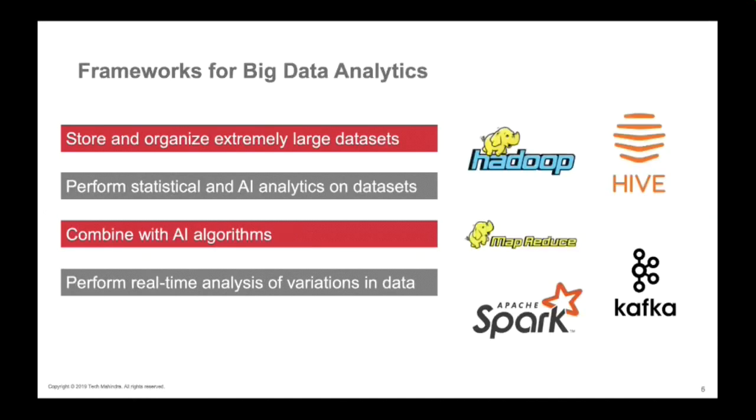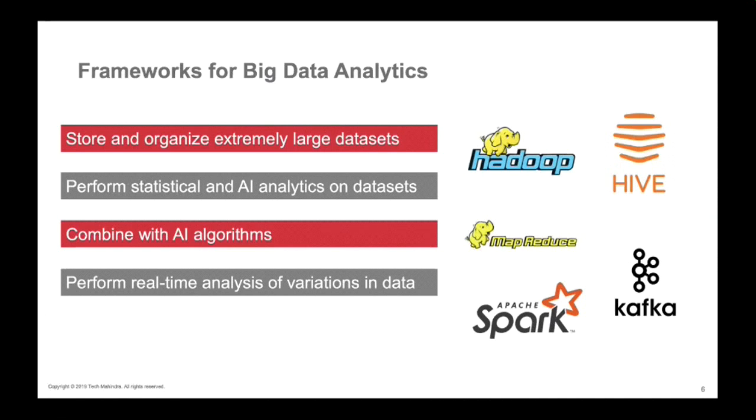And finally, in big data, obviously this is again the counterpart to AI/ML. Again, I think many of you must have heard of these frameworks. Hadoop is of course known universally. MapReduce is probably a little less well known, but nonetheless equally important. And Apache Spark, Hive, and Kafka are three other big data frameworks. What these frameworks let you do is store and organize very, very large data sets.